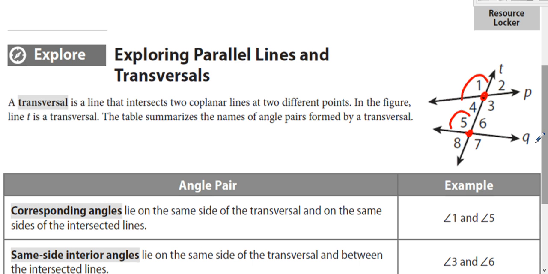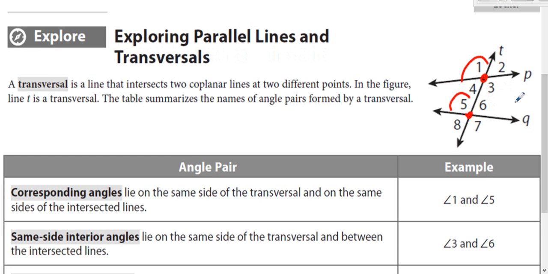There's three other corresponding angle pairs though. You could also take angle 2, that's corresponding with angle 6. Angle 3 is corresponding with angle 7, in the same spot, like the bottom right, bottom right.